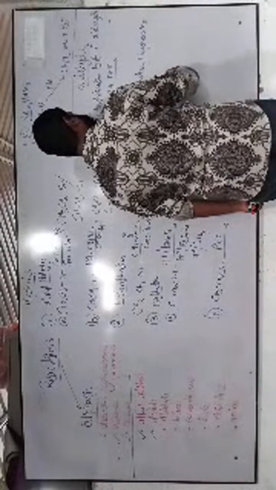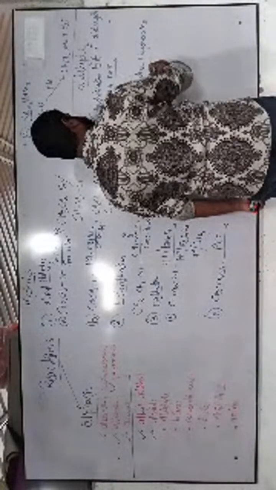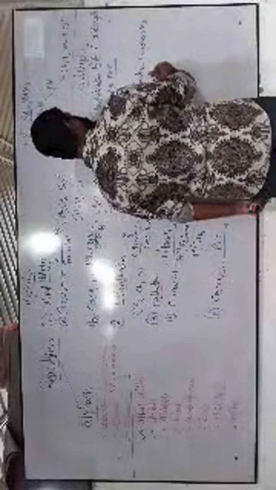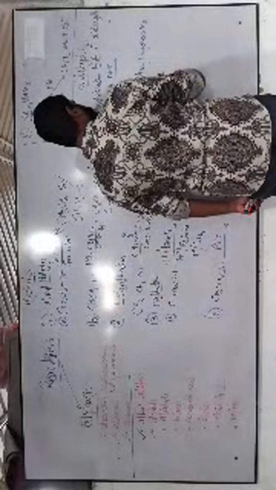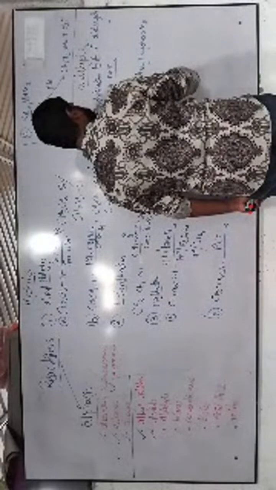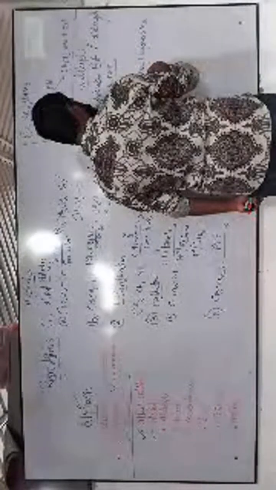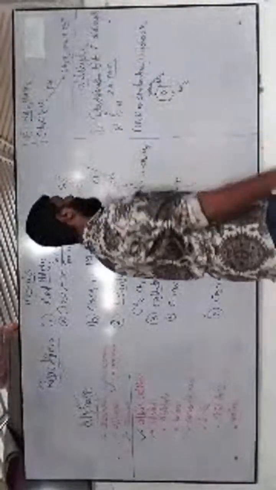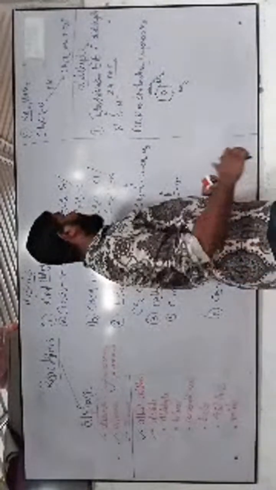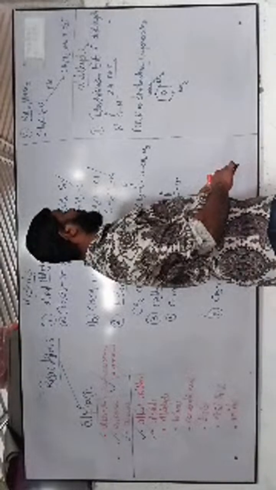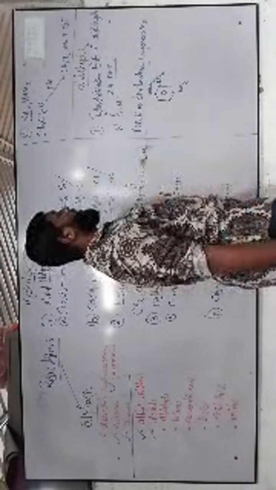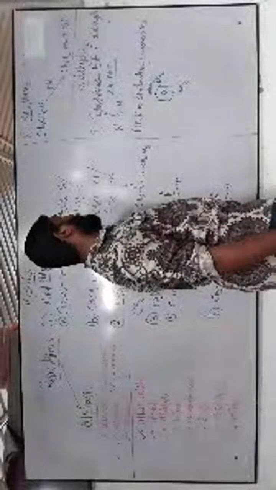You can draw the structure like this: NO2, NO2, NH, NH2. This is the compound called DNP. Usually DNP is used to identify ketone and aldehyde.